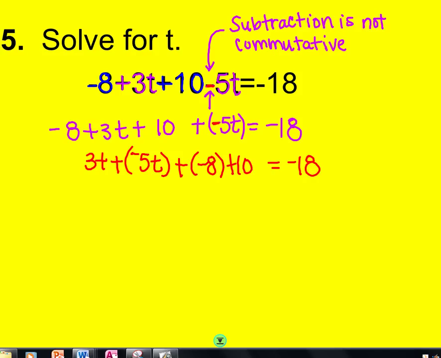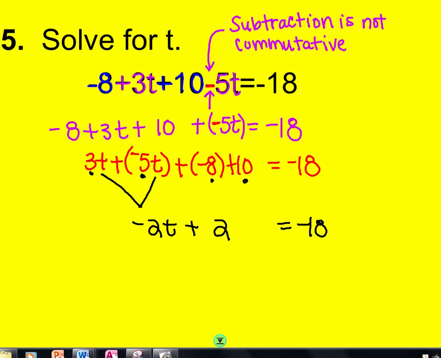So 3t, take away 5t's, so I'm basically adding 3 plus negative 5, which is negative 2. So I have negative 2t's plus negative 8 plus 10 is equal to positive 2. So my final equation, when it's been simplified, is negative 2 times t plus 2 is equal to negative 18.